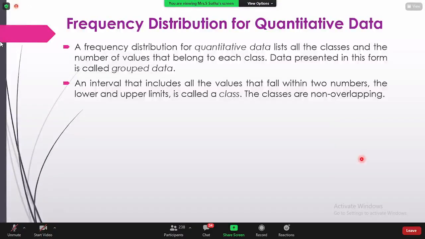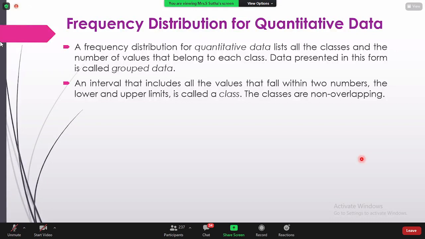Now we are looking at how we can construct a frequency distribution for quantitative data. A frequency distribution for quantitative data lists all the classes and the number of values that belong to each class.